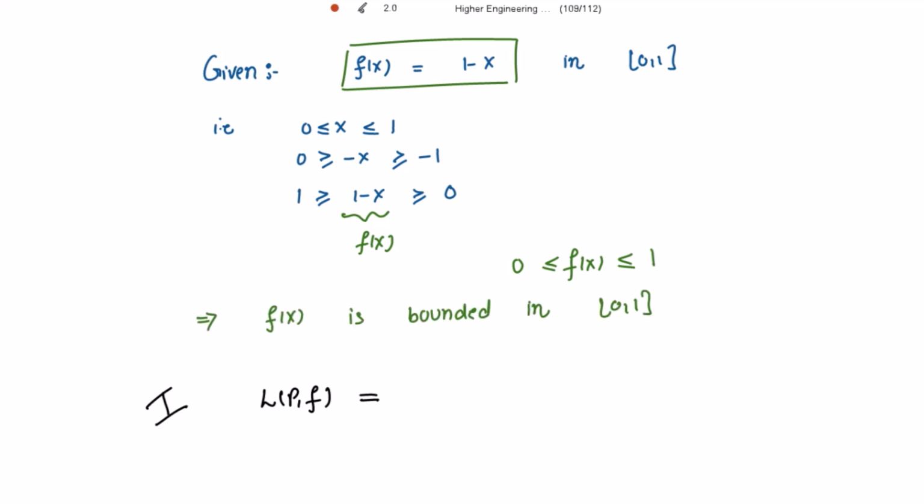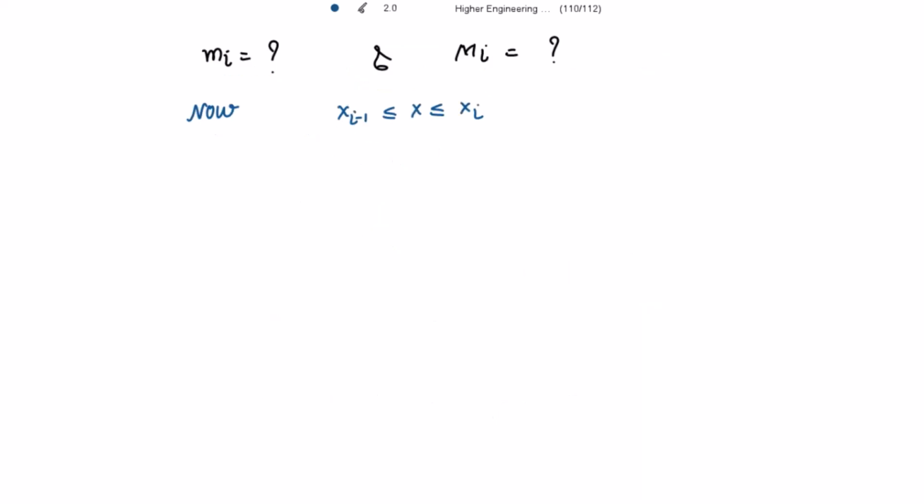Now we need to find the lower Riemann sum. It is the summation i going from 1 to n of mi times the length of the ith interval, that is xi minus x(i minus 1). And now we need to calculate this small mi, and also the capital Mi for the upper Riemann sum. Now x is lying between x(i minus 1) and xi.